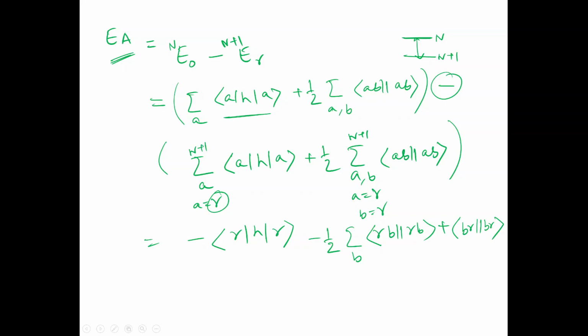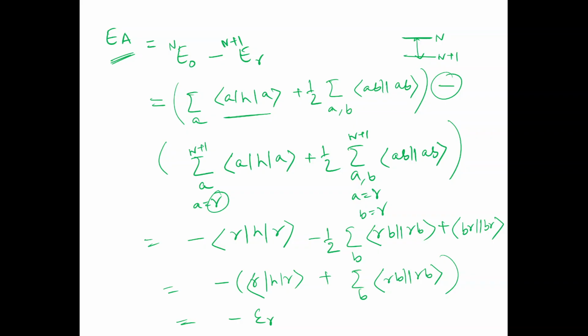I have replaced the dummy index A with B in a similar fashion as before. If you do the same, you will get R h R plus summation over B RB, and this is nothing but the negative of the orbital energy of chi R. So this is the Koopmans approximation for the EA.